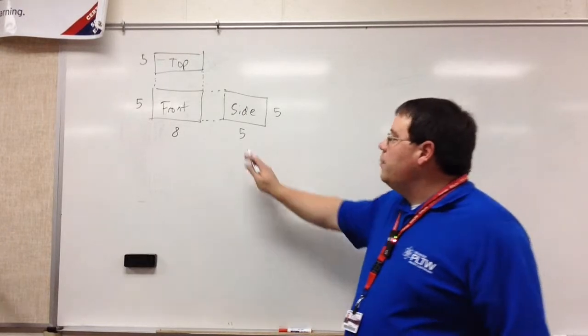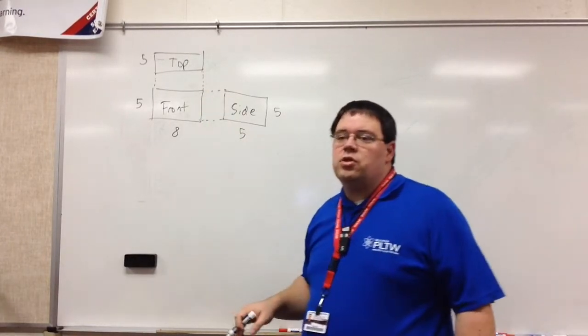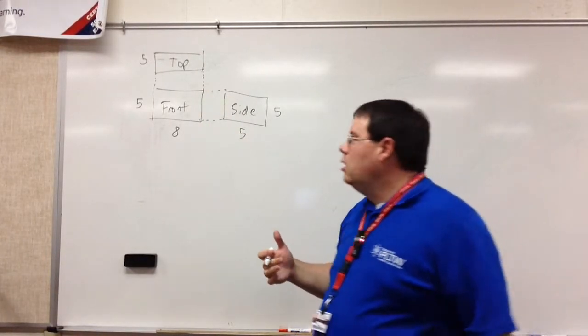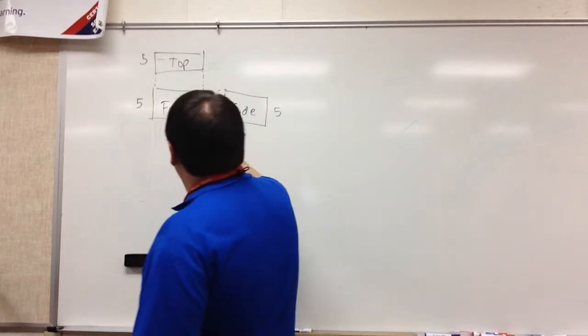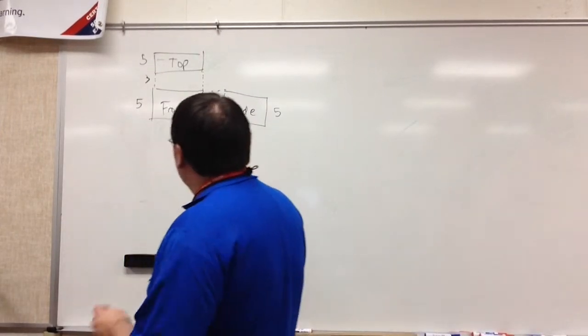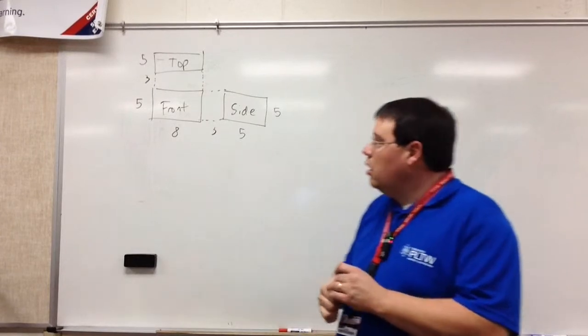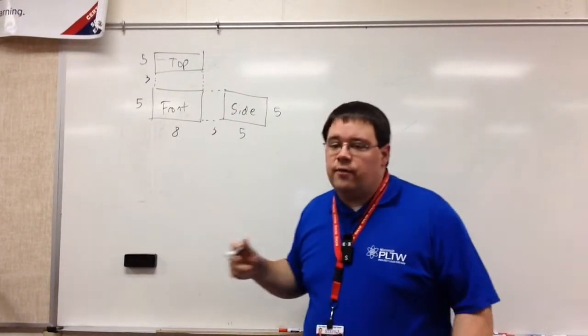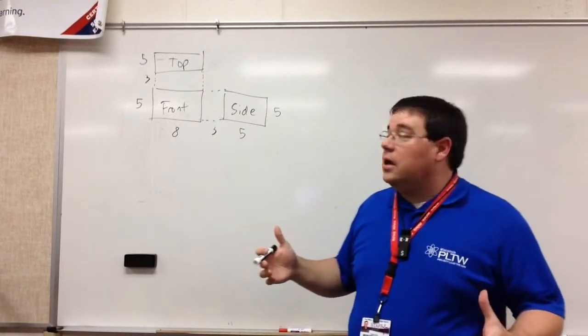We want to put a little bit of a buffer space in between the drawings because we don't want them right on top of each other. So let's plan for 3 squares in between each of the drawings. Now we can lay out our first drawing at the top of the page.